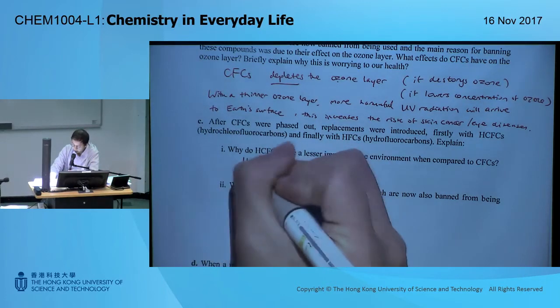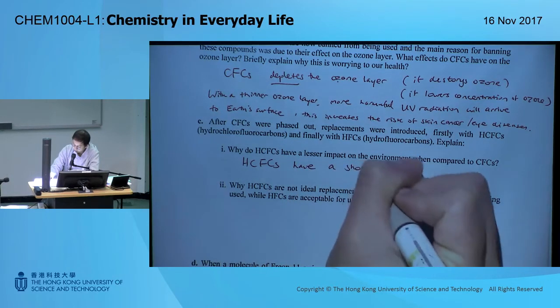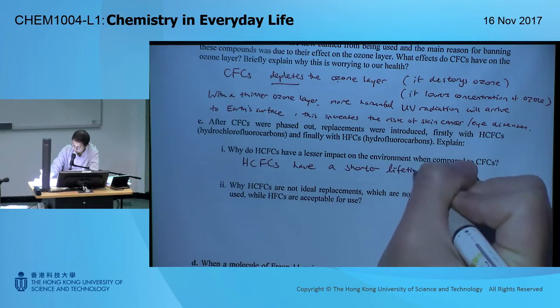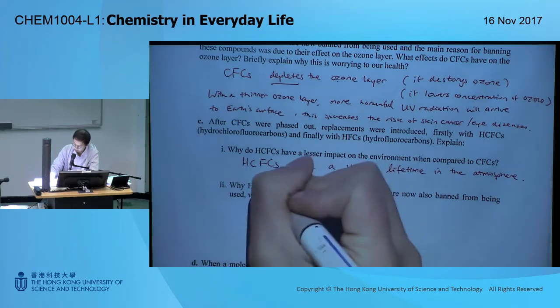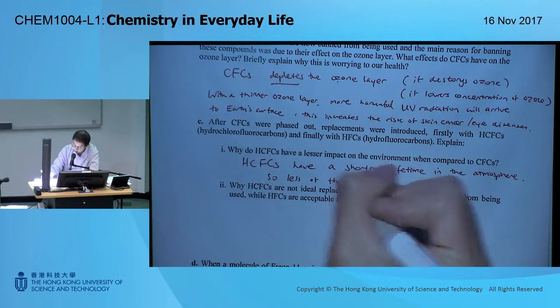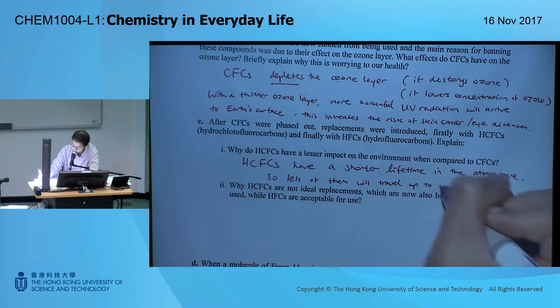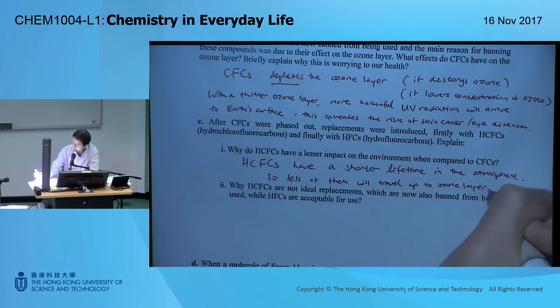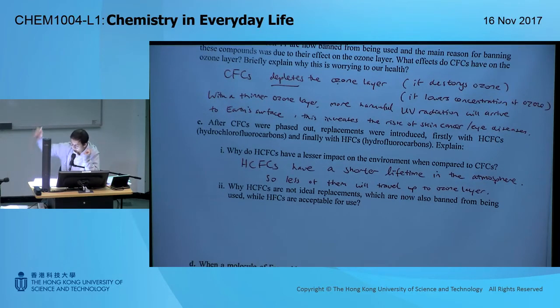Okay, so you say the HCFCs have a shorter lifetime in the atmosphere. So less of them will arrive at the ozone layer. Some more of them will be decomposed or washed away or broken down in the atmosphere before it goes up all the way to the ozone layer.